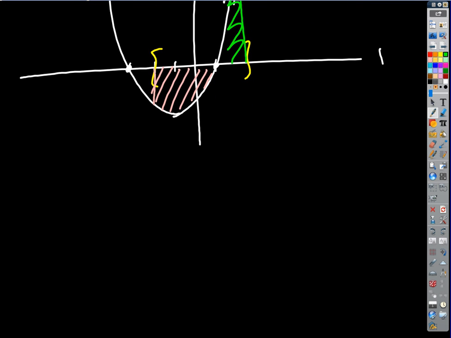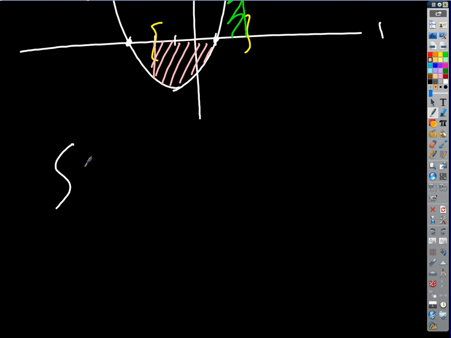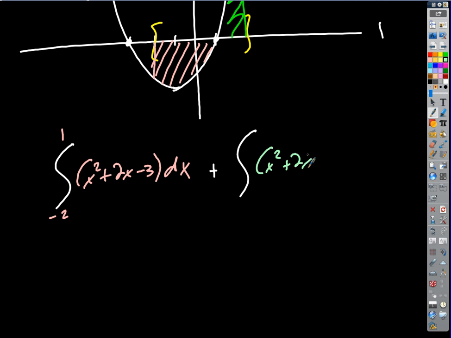So we're going to get the integral of my function, x squared plus 2x minus 3, from -2 to 1, plus the integral of x squared plus 2x minus 3 dx from 1 to 2.